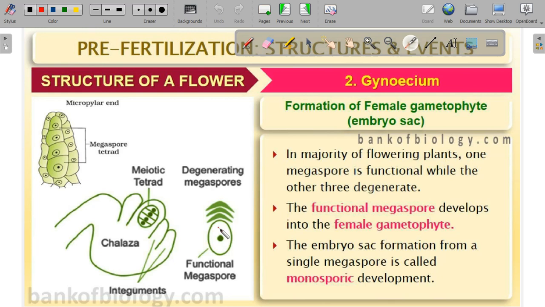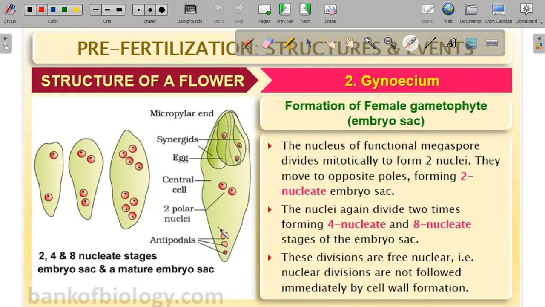Yes, cell wall formation will not take place. That is why I'm not talking about two-celled, four-celled, eight-celled. I use the condition called two nucleate, four nucleate, eight nucleate. Then only I use the term seven-celled, at one particular state with maturation. Because cell wall formation is not taking place, only karyokinesis takes place.